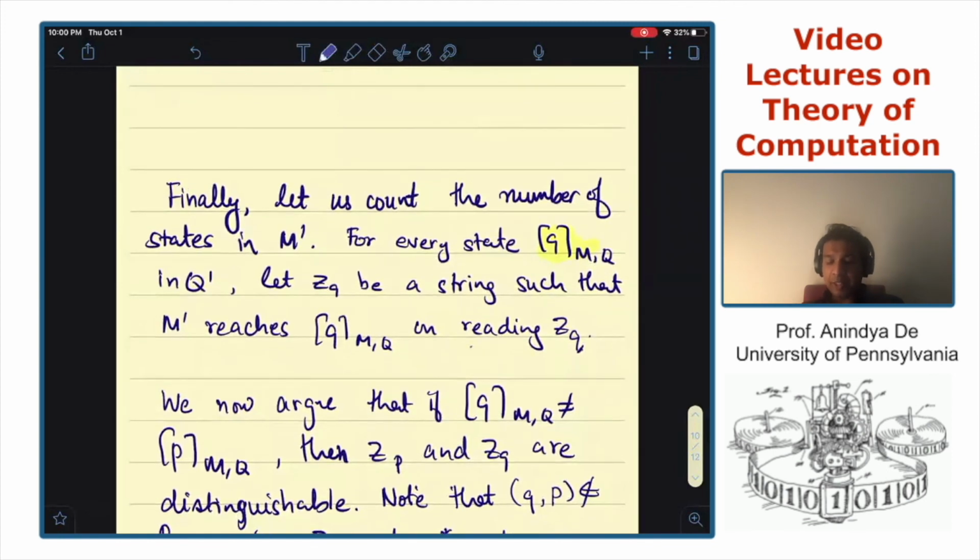Let us assume that there is some string which starts from the equivalence class of q naught, reads z and goes to [q]_{M,q}. If this state is not reachable, then you can anyway discard such a state and it will not affect the DFA. So without loss of generality, I can assume that all the states [q]_{M,q} are reachable.